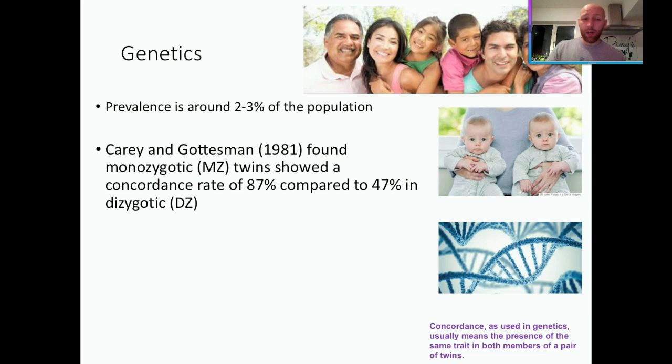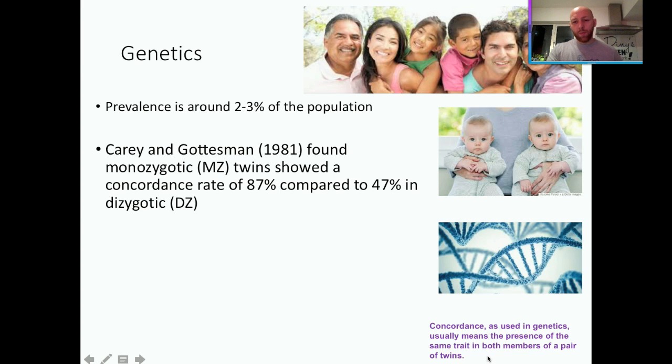Carey and Gottesman found that monozygotic twins, if one twin had it, the other twin had it in 87% of cases, compared with 47% for dizygotic twins. So remember that monozygotic twins are identical, and dizygotic twins are fraternal twins, non-identical.